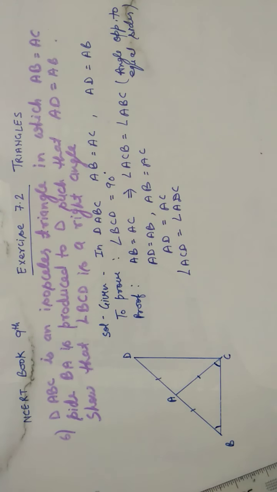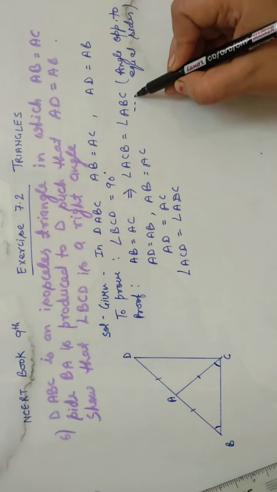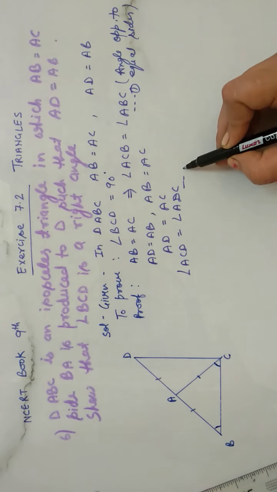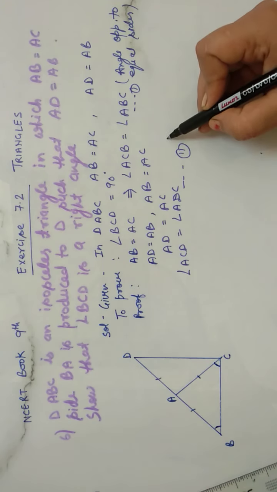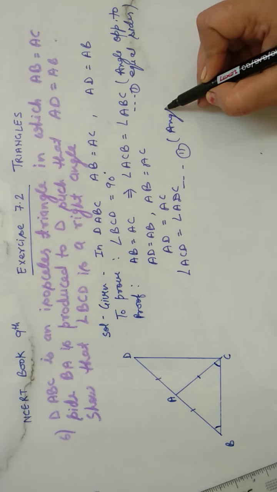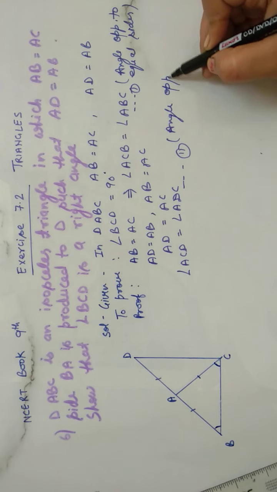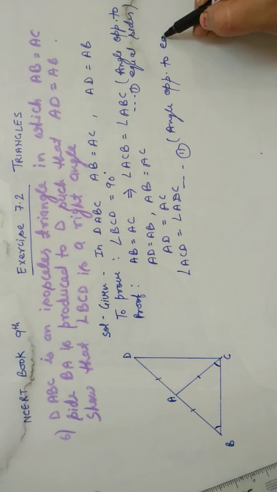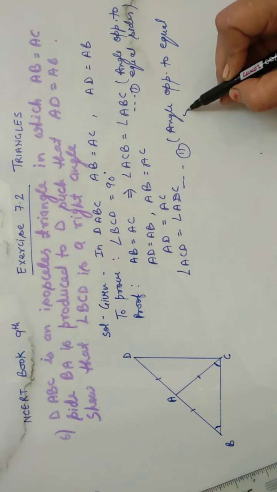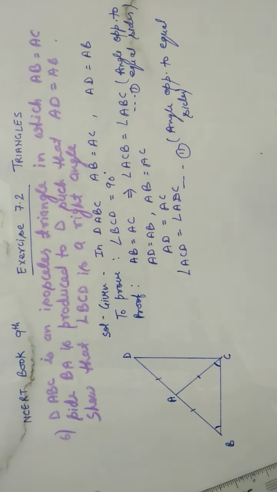So these two angles are equal. The earlier result you can call equation 1, and this is equation 2. And the reason is: angles opposite to equal sides.